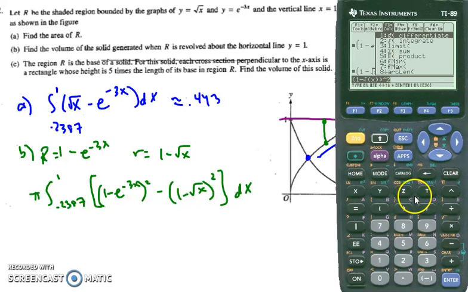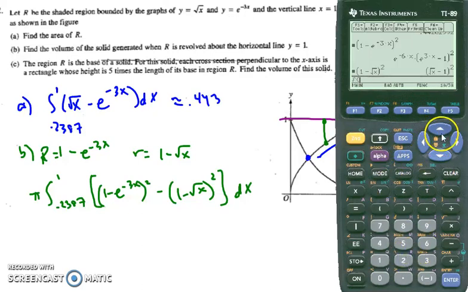So now let's go ahead and integrate. Choice 2, let's choose our big R squared, minus our little r squared with respect to x, and then on the limits of integration, 0.2387 through 1, close paren, and then multiply by pi.